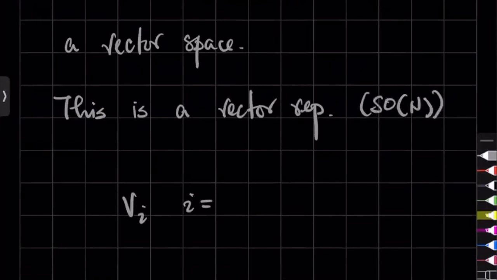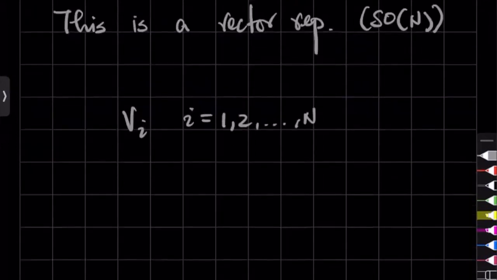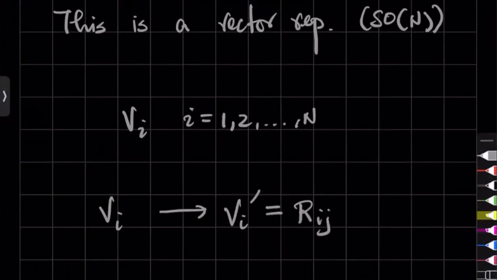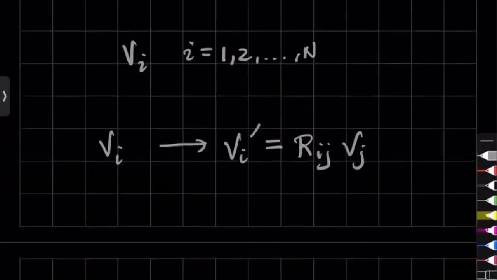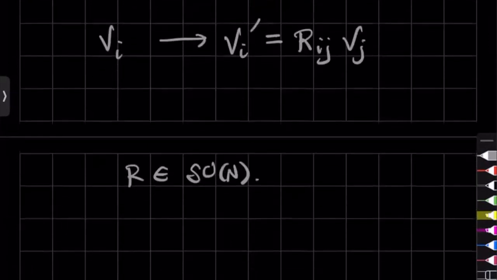We have some vector whose components are 1, 2, ... n. And under our SO(N) transformation, what happens is that the components V^i get changed by a linear transformation like that, where R is a matrix of SO(N), right?